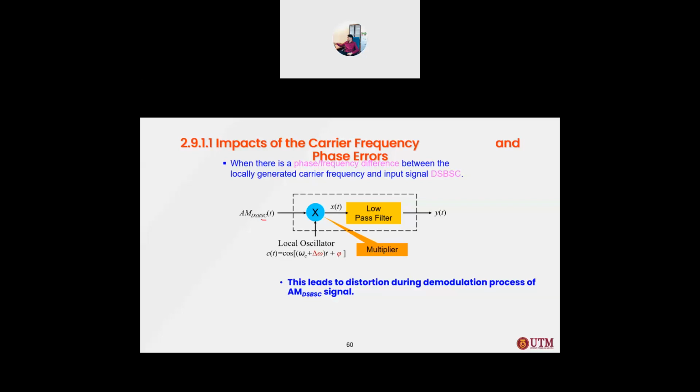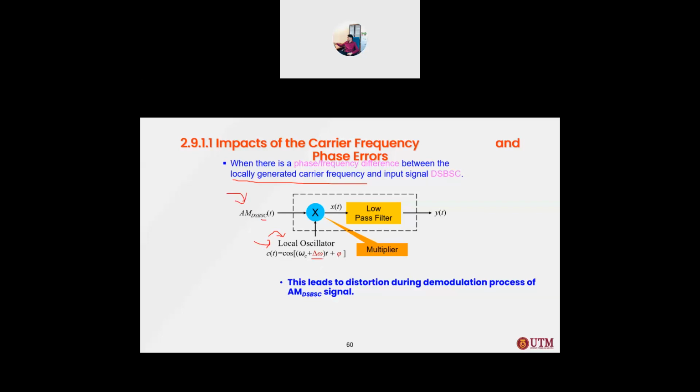When there is a phase or frequency difference between the locally generated carrier, which is this one, and the input double sideband suppressed carrier signal. So we have this phase error if there is a difference between this one and this one, because initially they should be similar, not in terms of amplitude, but in terms of the frequency and angle, the one that we want to send.